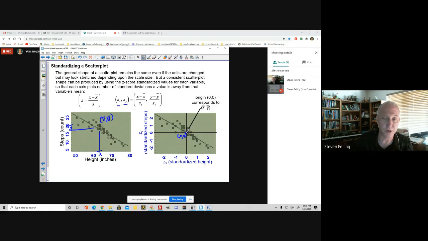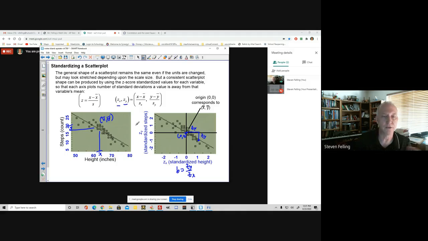So if I was on this point and I go out to this other point, then this z in the x direction and this z in the y direction to that point are related by the slope, right? The slope would be z_y over z_x. So you can kind of relate the slope to the z-scores of any point that's on the LSRL.